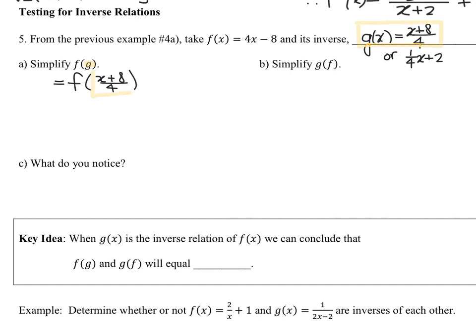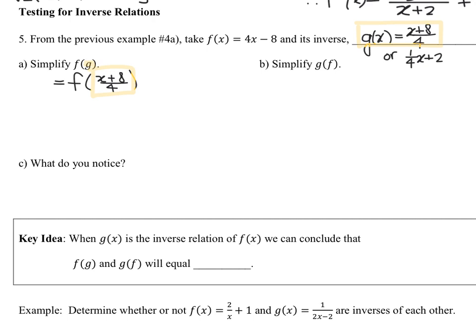Okay, so in the place of g of x, I plugged in x plus 8 over 4. So now what this notation means is, if you take a look at this original function up here, wherever you see x and x, they match up. Okay, so now if you see x plus 8 over 4 in the spot of this x, then that means you also need to replace this x with x plus 8 over 4. So let's write that down.